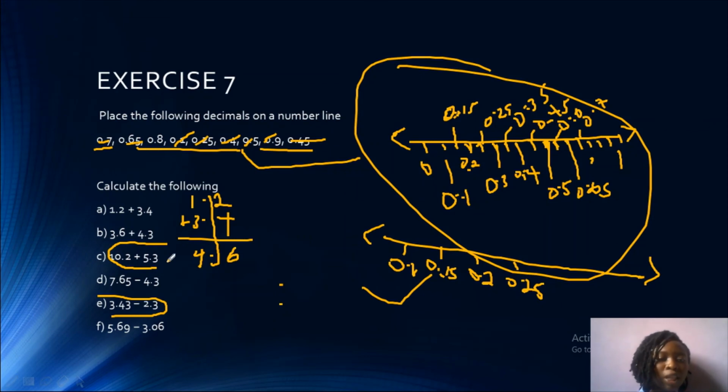So if I'm solving, let's say C, and I've placed the point, I know after the point I have 2. After this point I have 3. Before this point I had 0. So you see how I'm arranging it. I'm using the point as my guide. Before this point I had 5.